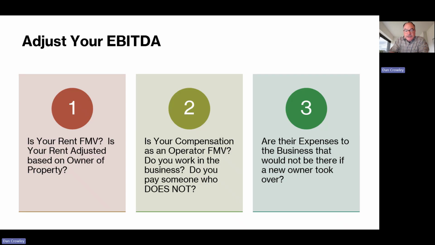Is your compensation as an operator fair market value? So again, are you as an owner, are you the operator of the business? Do you pay yourself a fair income? Some people pay themselves very little in W-2 income, and some people overpay themselves for purposes, again, of adjusting for succession.